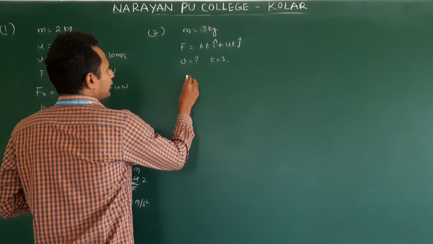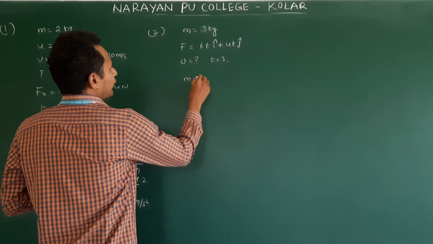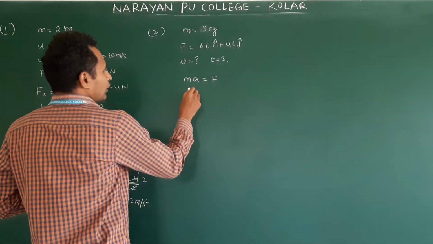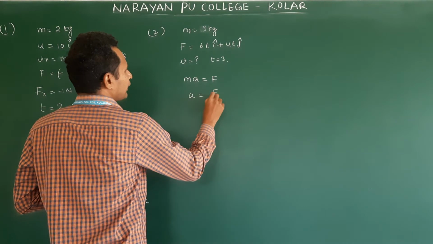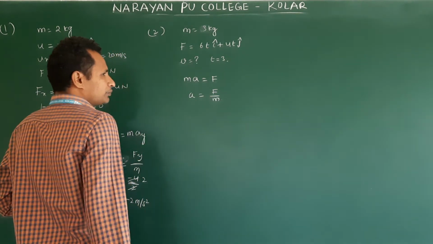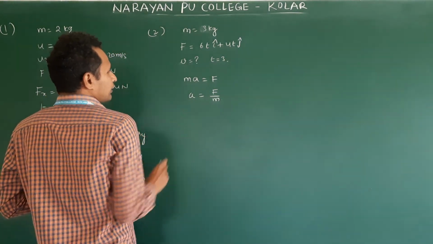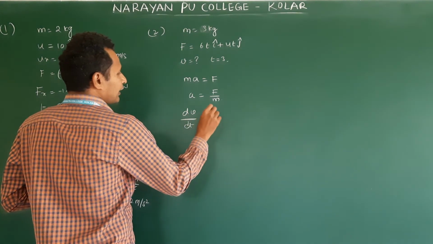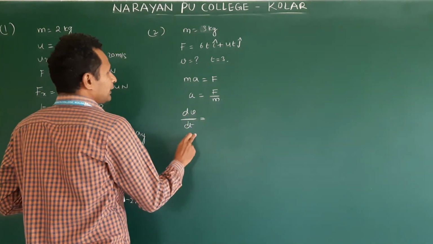What is the formula? Ma is equal to F. Any objection? A is equal to F by m. This I can write as dV by dt. Acceleration is nothing but dV by dt.